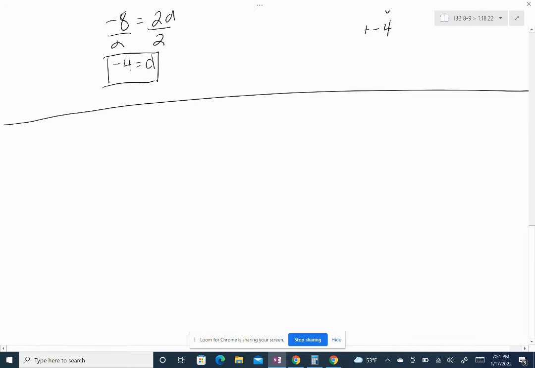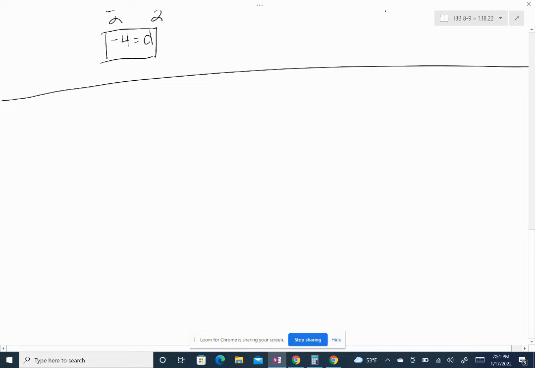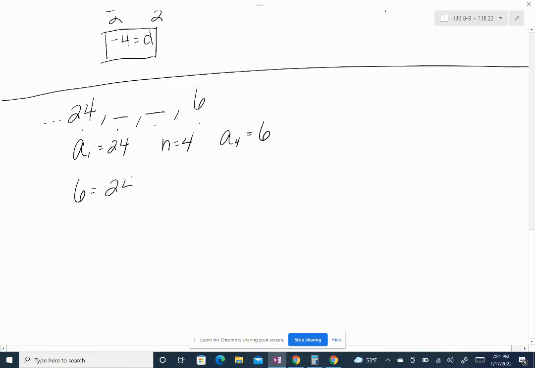Okay, let's take a look at another problem. Say I had 24, 2 blanks, and then 6. A1 is 24. We have 1, 2, 3, 4 terms. So n is equal to 4, and the 4th term is going to equal 6. So 6 equals 24 plus 4 minus 1 times d.